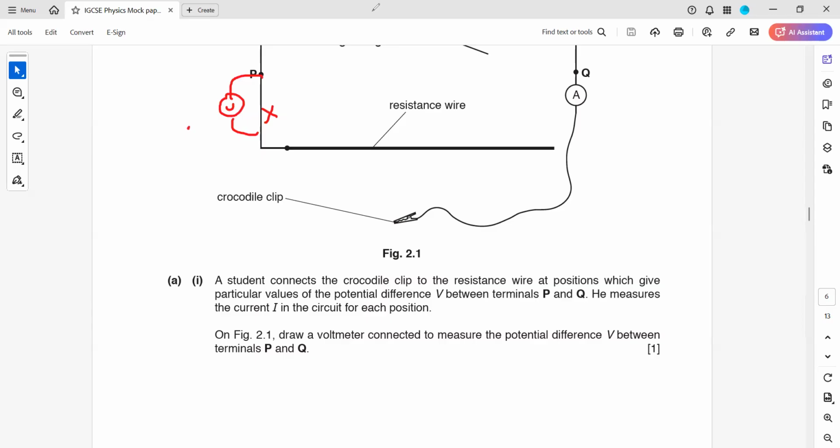What you should do is connect between P and Q, because we want the potential between P and Q. The potential here is not the potential between P and Q. An ammeter is connected in series, like this, but a voltmeter should be between the 2 points and connected in parallel.